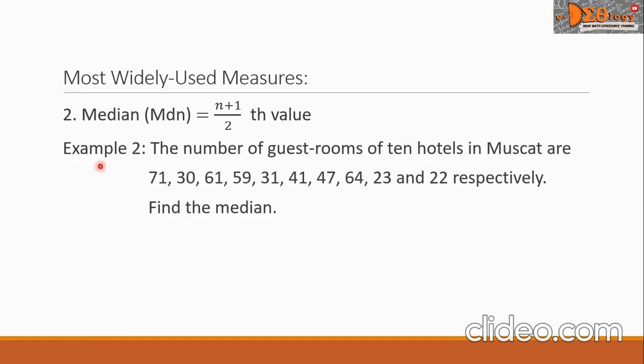Let us have example 2. The number of guest rooms of 10 hotels in Muscat are 71, 30, 61, 59, 31, 41, 47, 64, 23, and 22 respectively. Find the median.